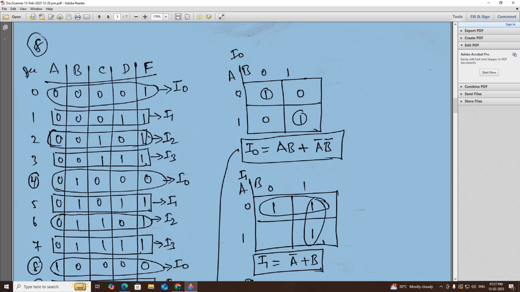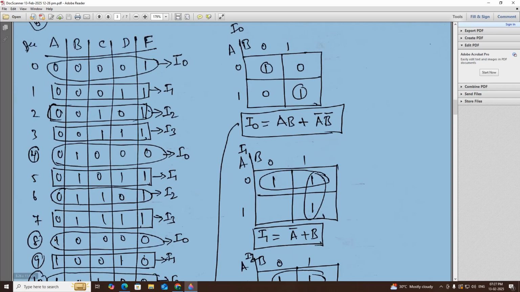A is equal to 0, B is equal to 0, F is 1. For A equal to 0, B equal to 1, F is 0. For A equal to 1, B equal to 0, it is 0.